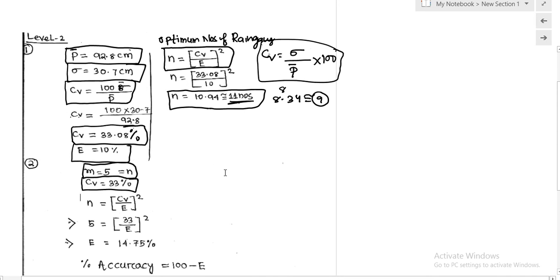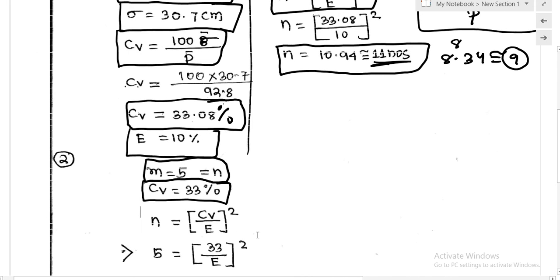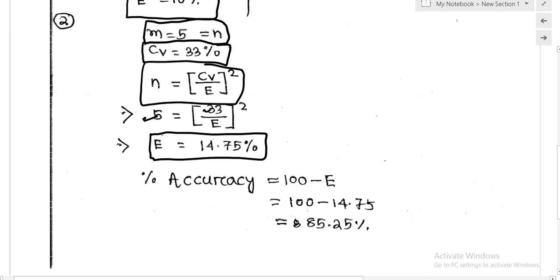We have to find what degree of error will be allowed in the estimation. Now the optimum number of rain gauge stations will be equal to CV by E, whole squared. This number of rain gauges provided is 5, and the coefficient of variation is 33, so we can estimate the error allowed in the measurement of the rainfall.